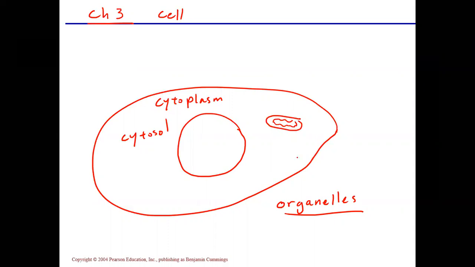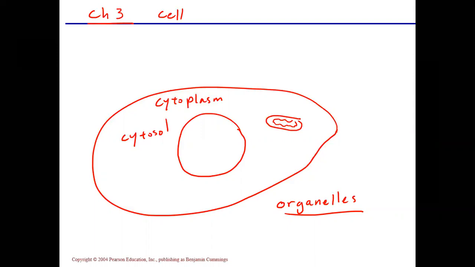Those are kind of like organelles. There are so many different organelles within the cell, and each of these departments has its own job and does its own task. Together, all these departments are important for the cell.